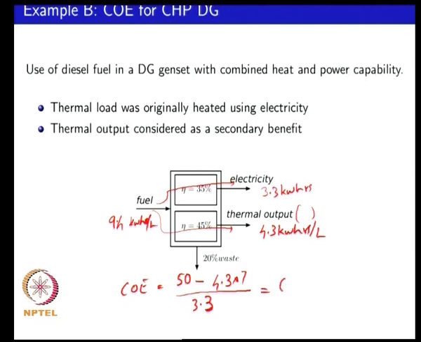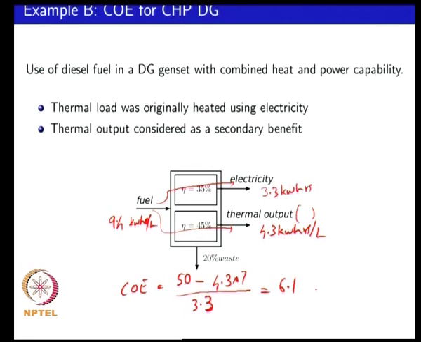So, you now get a number of 6.1 rupees per unit, and now you have a number which is less than 7. So, potentially now you have something which might be economically feasible compared to the previous situation.